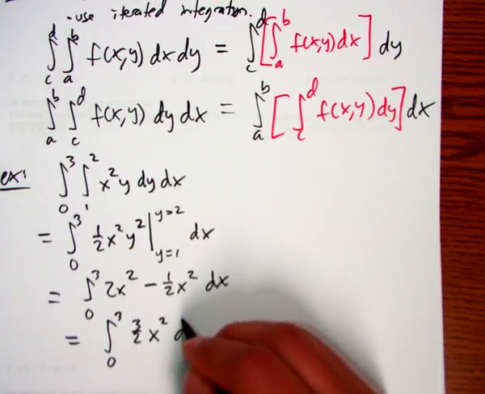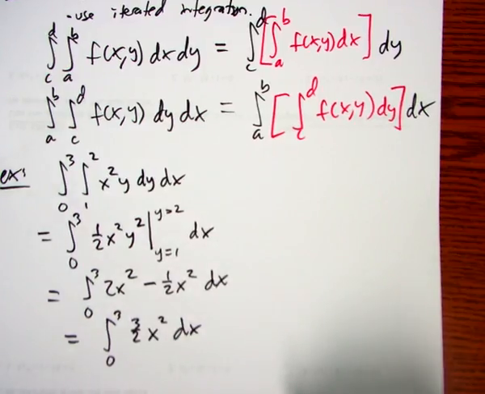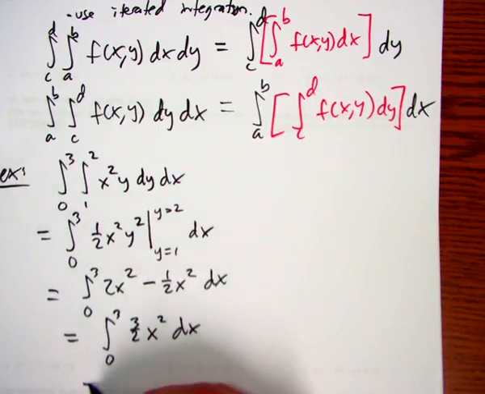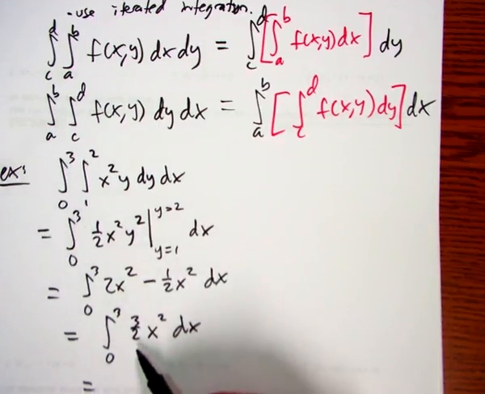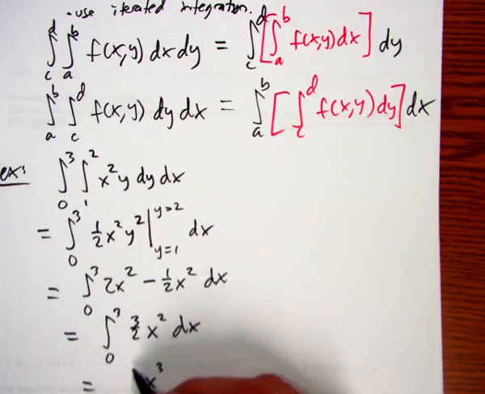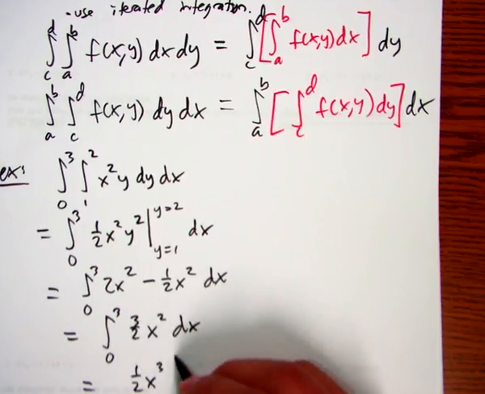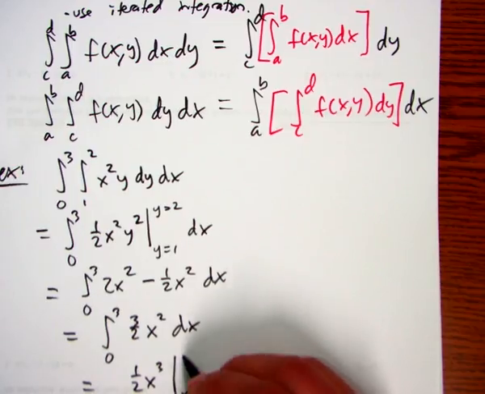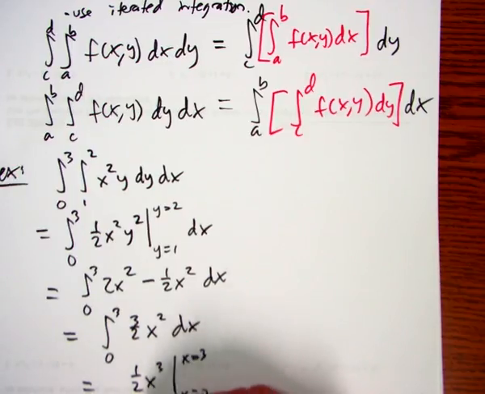So now we're just left with this integral from 0 to 3. If you integrate 3/2 x squared, that'll be x to the third divided by 3. So the 3 halves, the 3 cancels, and you get 1/2. And this is from x equals 0 to x equals 3. 3 cubed is 27, so 27 halves minus 0.